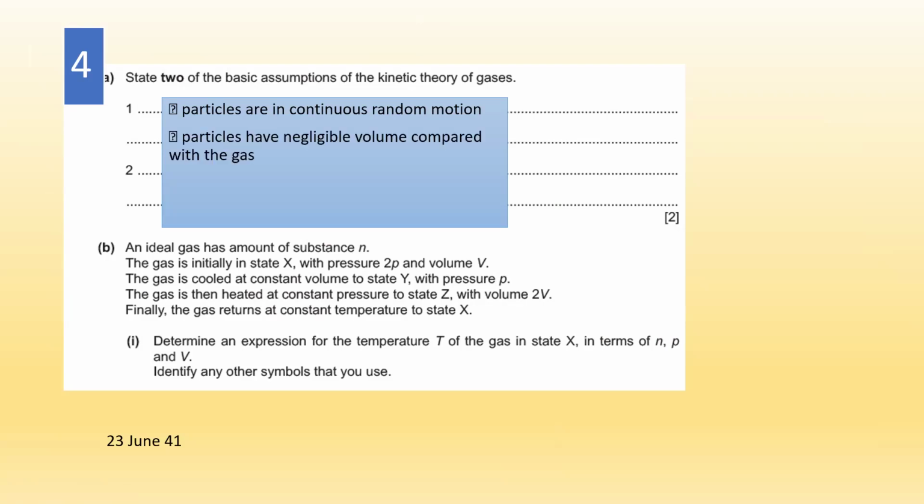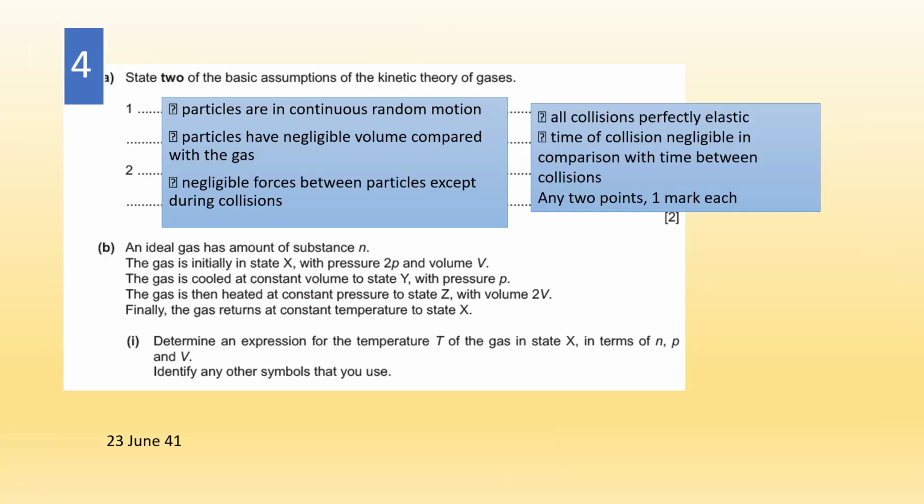Particles have negligible volume compared with the volume of the gas. Perfectly elastic collisions. Negligible forces between particles except during collision. Time of collision negligible in comparison with time between collisions. Right? Any two.